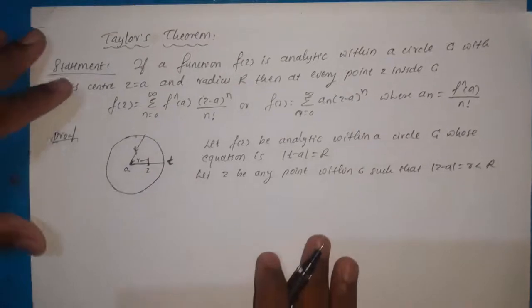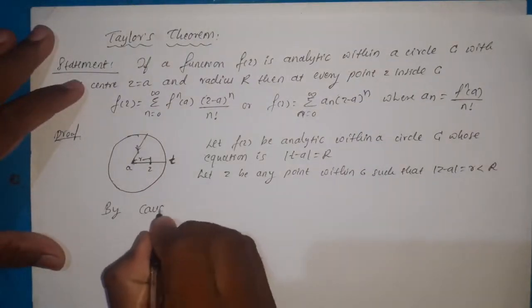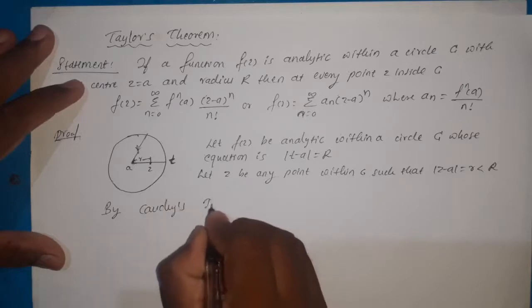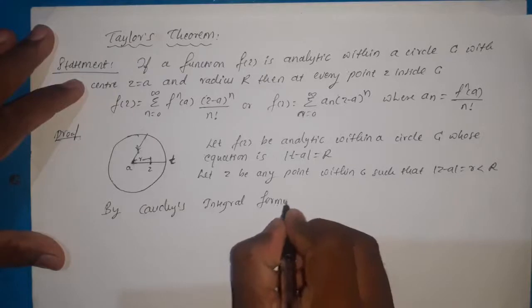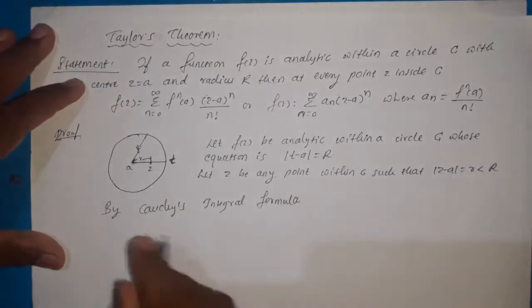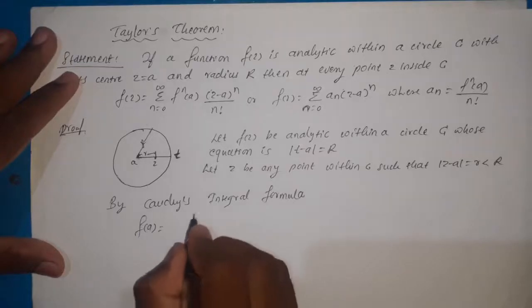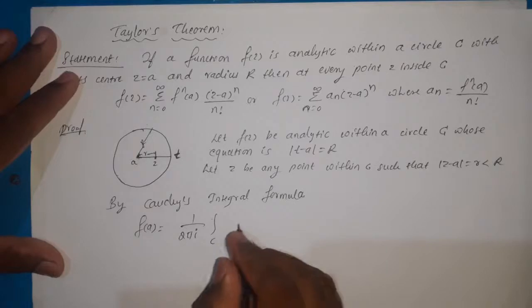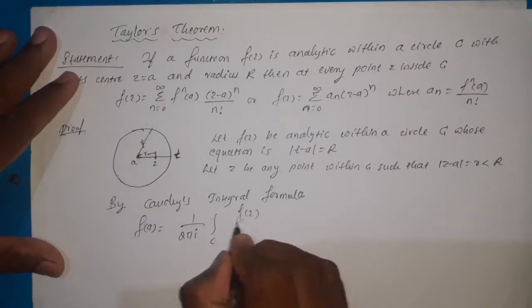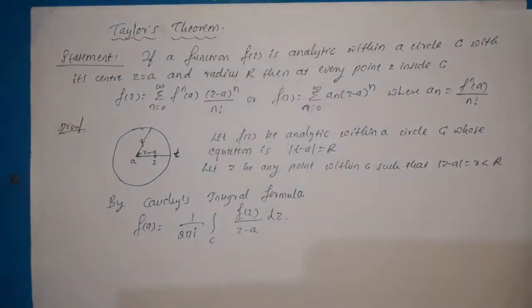Therefore, by Cauchy's integral formula, it is given by f of a is equal to 1 divided by 2 pi i, integration over c of f of z divided by z minus a dz.